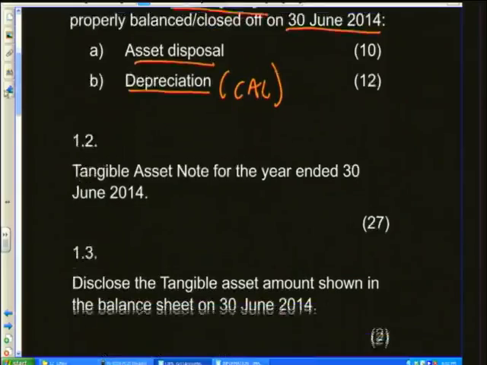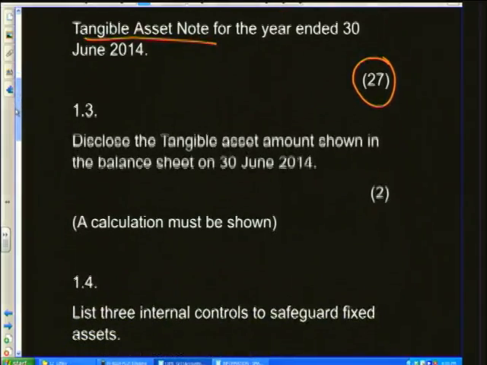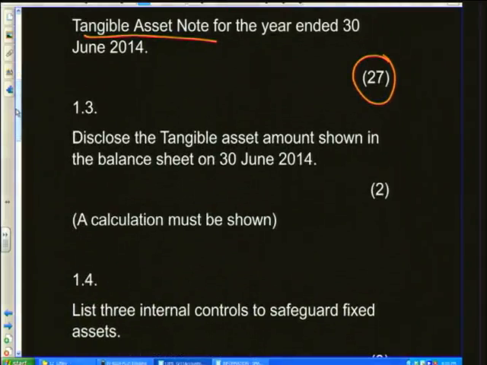Next, we're also going to complete the tangible asset note for the year ended 30th of June 2014, and you're going to find, guys, that this particular part of the question normally carries a lot of marks. Then question 3: disclose the tangible asset amount that will be shown in the balance sheet on the 30th of June 2014, and the question wants you to show a calculation.